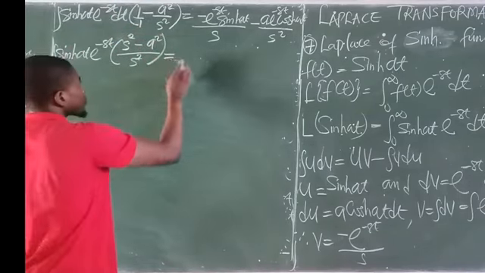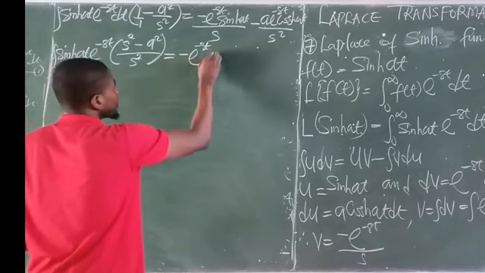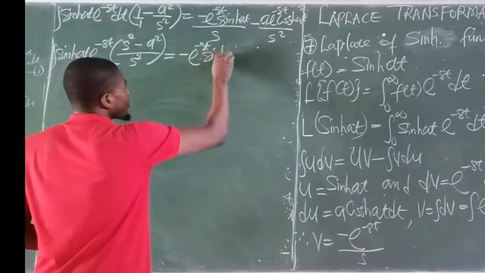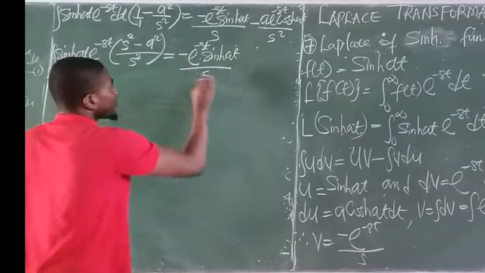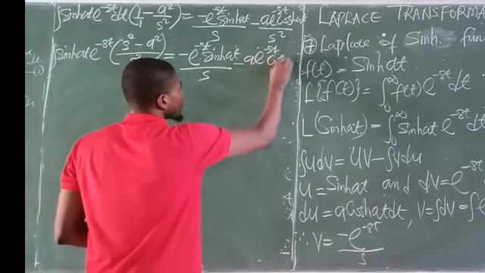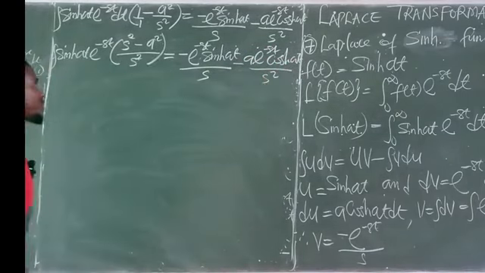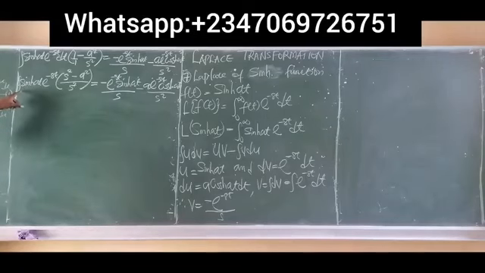And this is equal to everything here: minus exponential minus st sine at all over s, minus a exponential minus st cos at all over s all squared. Now, at this point, we can find our integral by dividing through with s squared minus a squared all over s squared.